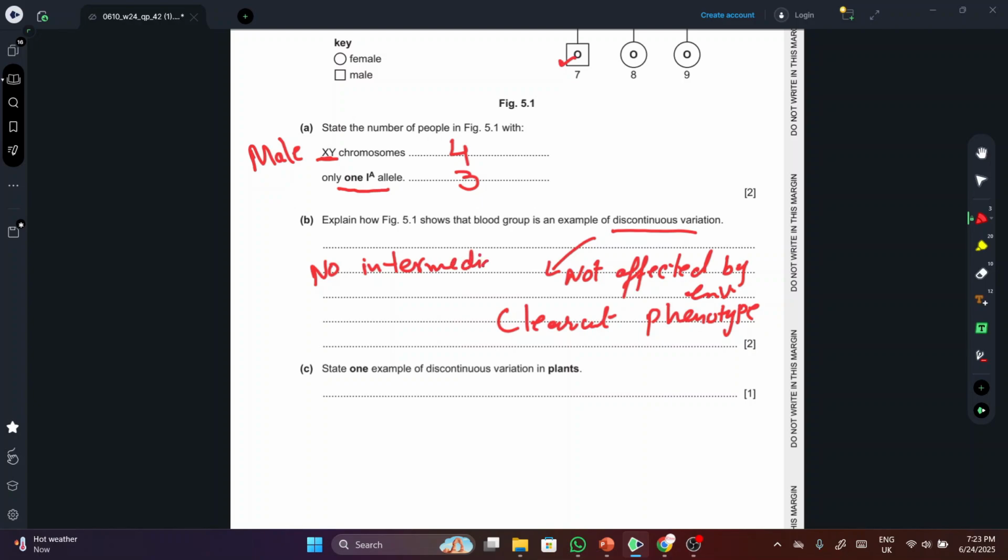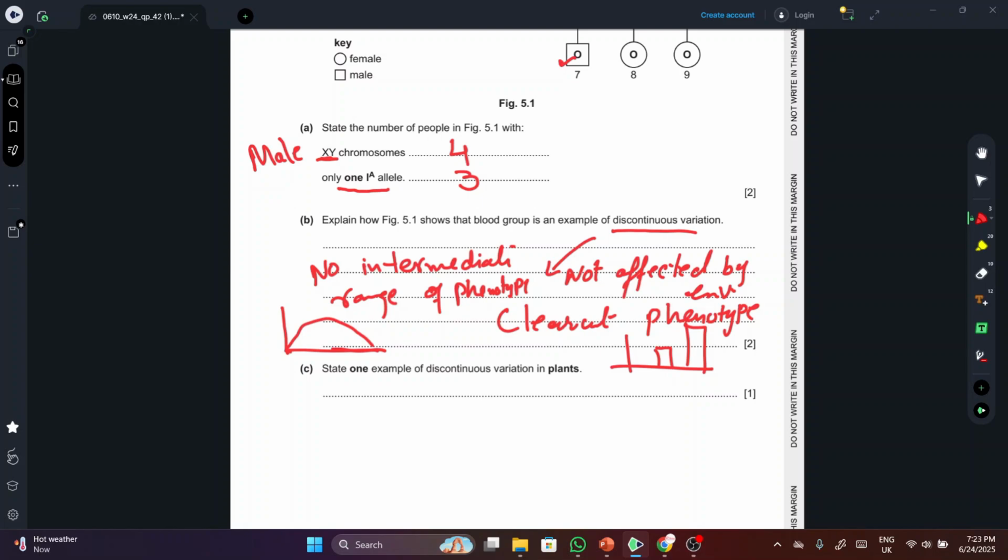So these are the features due to which we can find that this is discontinuous variation. Do you remember that we present discontinuous from the bar, and the continuous we present with this type of curve? So this is the difference.